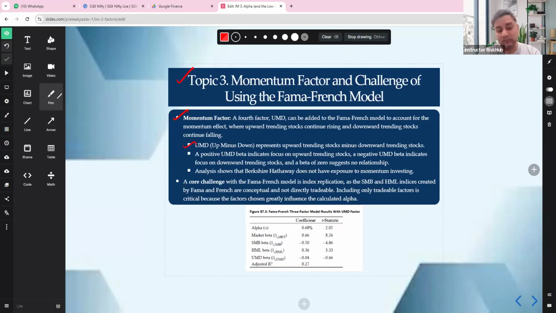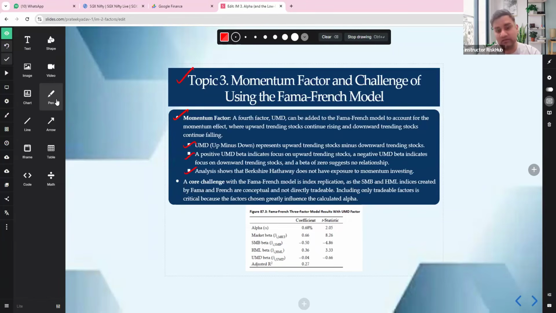For the Berkshire result, UMD beta is equal to 0: no momentum exposure. The key challenge here is that the factor replication slide highlights that SMB and HML are not directly tradable. And why does this matter? Because we need to understand very clearly that this creates model risk.